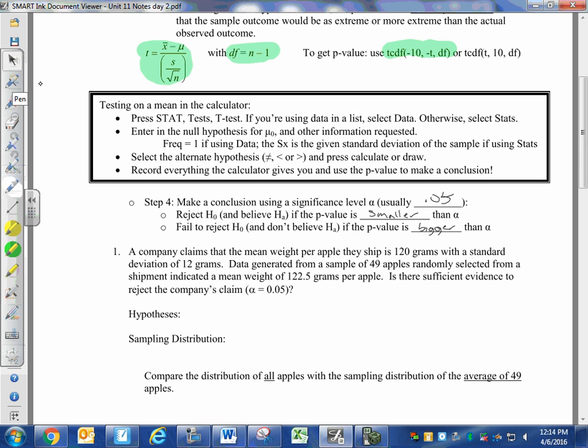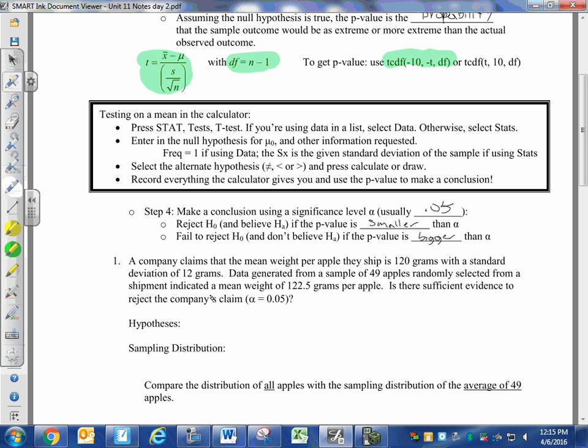Here is a first example. A company claims that a mean weight per apple they ship is 120 grams. Notice it's not a percentage, it's just a data point. Okay? It is the claim though. The claim is that the weight per apple is 120 grams with a standard deviation of 12. Your null hypothesis is that claim, that the mean apple weight is 120.